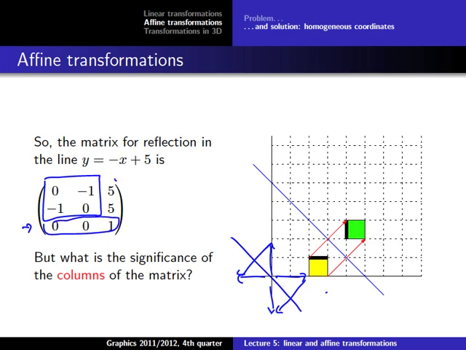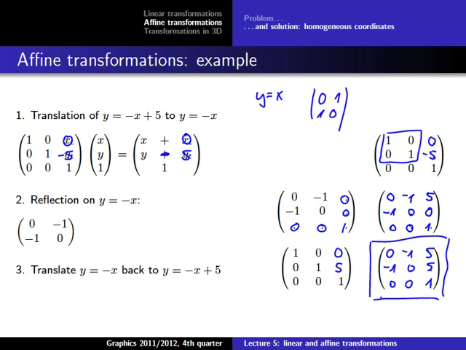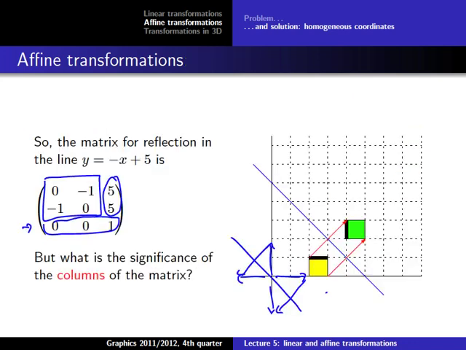And this part here is now the interesting part, because that represents our translation. You see here, we subtracted 5 from the y-coordinate, and then we added 5 to the y-coordinate. So the relation here doesn't seem to be that obvious. But if you look at the image, if you look at where the origin moved, you see it moved to the position 5, 5.